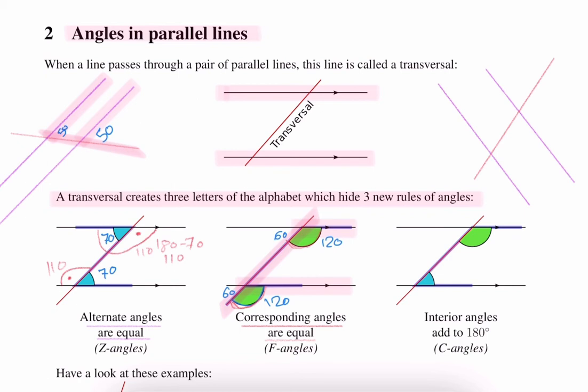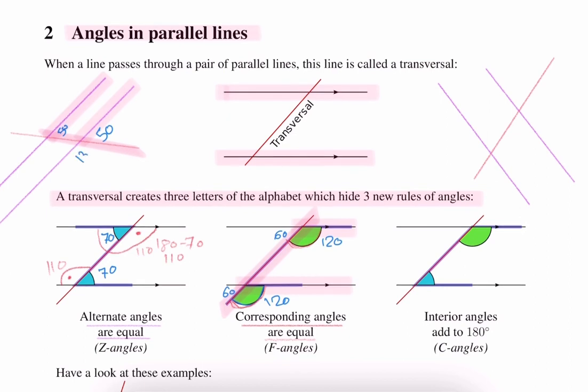Later on, you will be able to recognize corresponding angles without drawing the letters. If this angle is 130, then this is the corresponding angle, which is also 130. If this angle is 50, its corresponding angle is also 50.